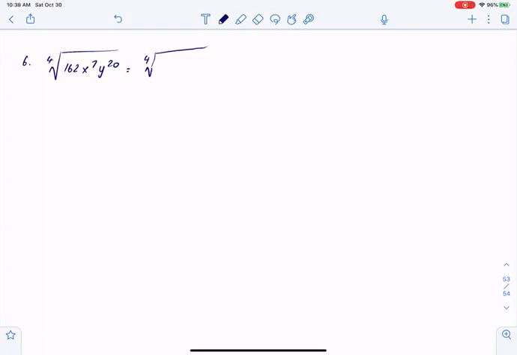It's not possible. But I can write 162 as 81 times 2. X raised 7, the power 7 is not divisible by 4. But I can split it up and write it as x cubed times x raised 4. Y raised 20, the power 20 is divisible by 4. So I'm going to leave that as is.